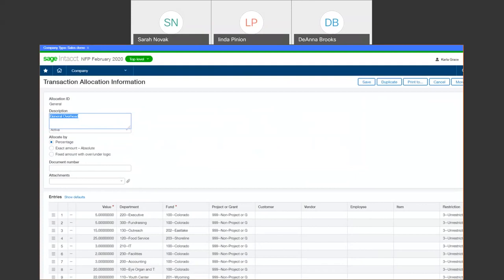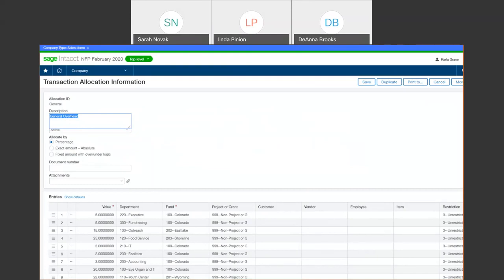So you could take that AP invoice, enter it into AP, point to an allocation template or rule, and based on that rule, it would do the math for you. So Intacct would do the math and split that bill however you set up the rule. And this is an example here on the screen of a rule that was set up around a percentage. So this was one that we were doing around general overhead.